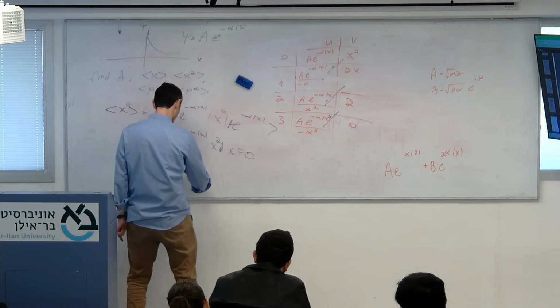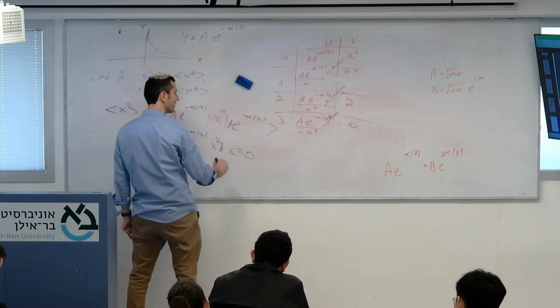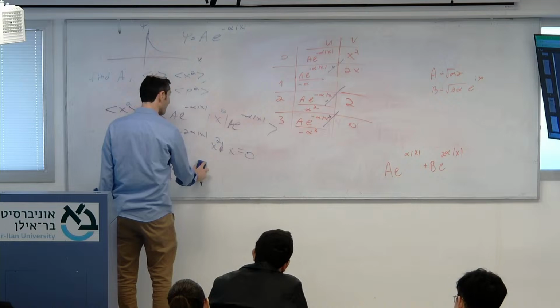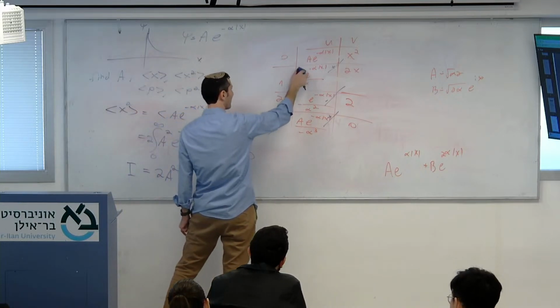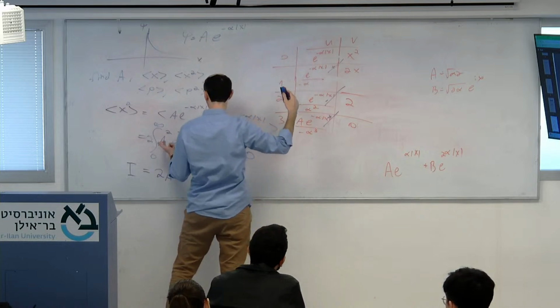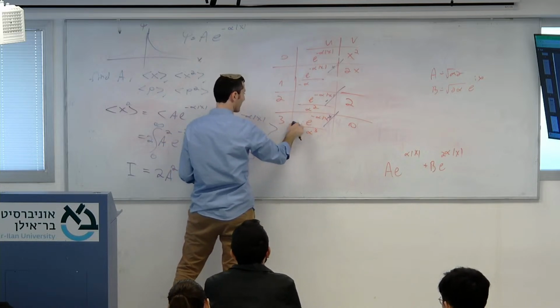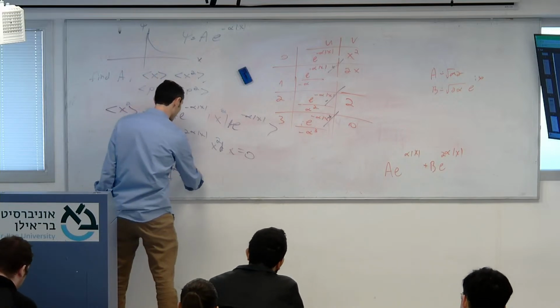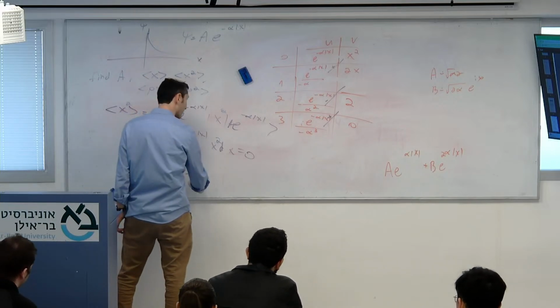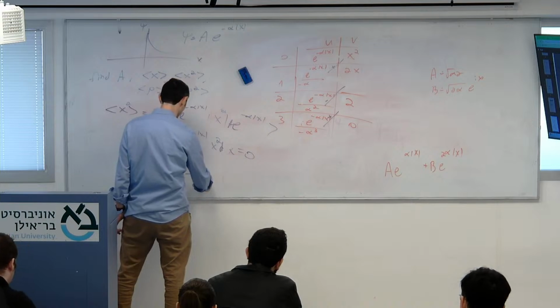So I have times 2a. Oh, I can ignore that a. All this was without the a. The a is not part of the a squared. I'm ignoring the a. Okay, 2a squared times 2 over alpha cubed.